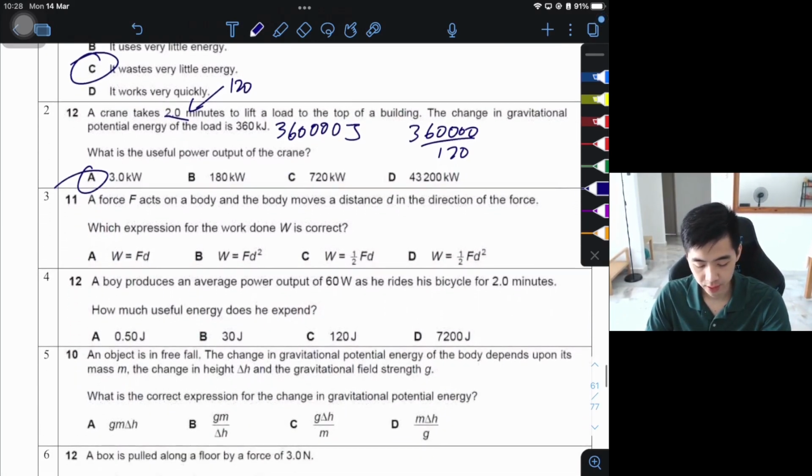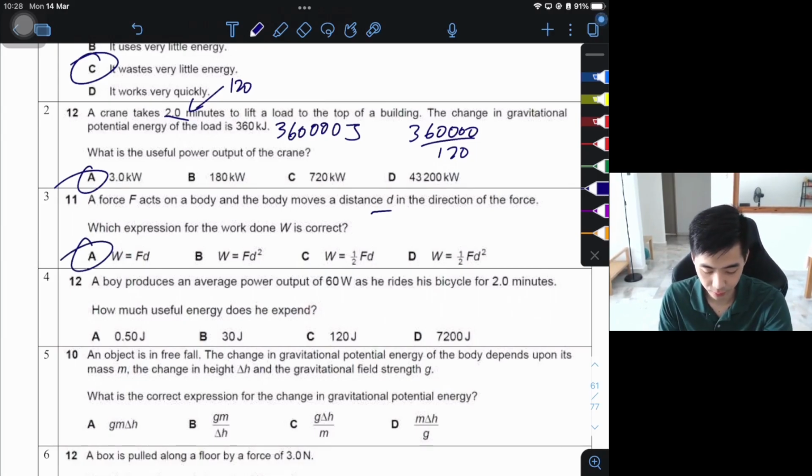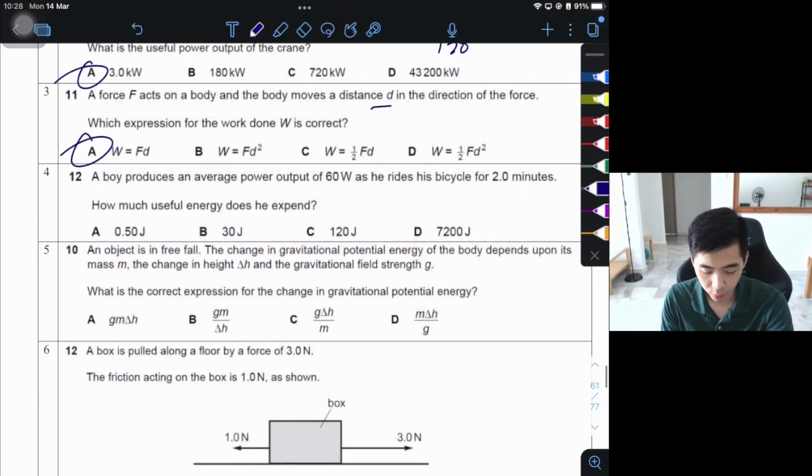A force F acts on the body and the body moves a distance d in the direction of the force. Which expression? This one is a no-brainer. Obviously, it's force times distance. A boy produces an average power output of 60 watts as he rides a bicycle for 2 minutes. What is the energy? Yet again, you have to convert this into seconds, guys, right?